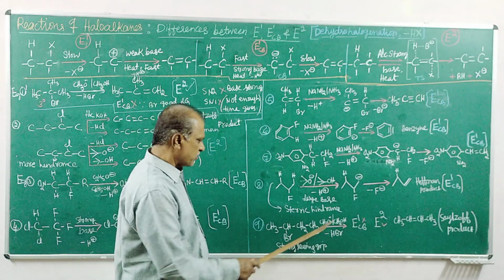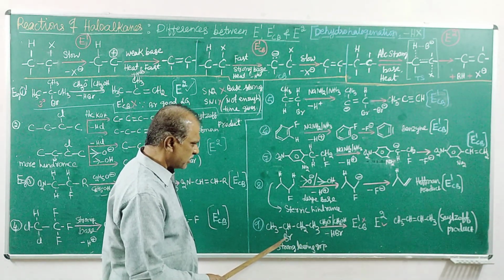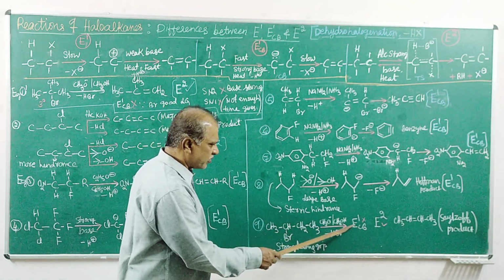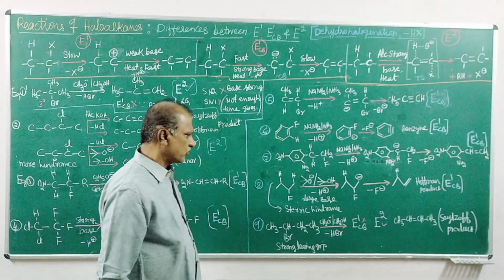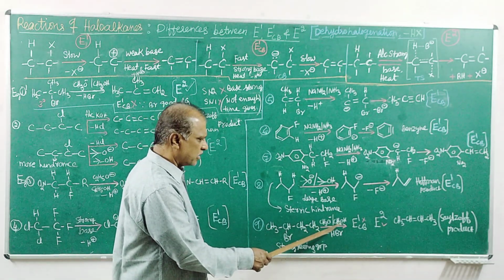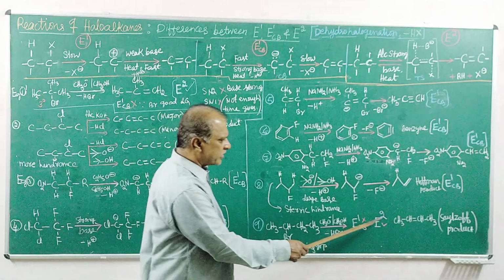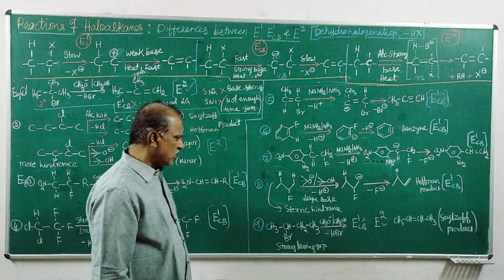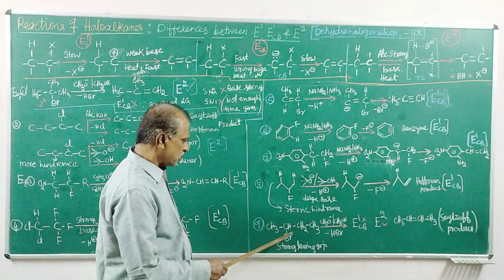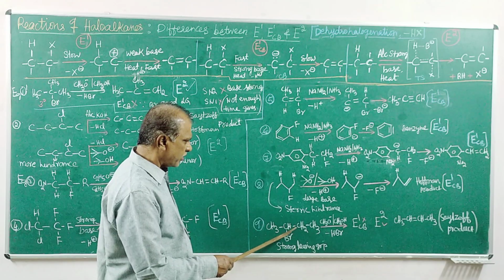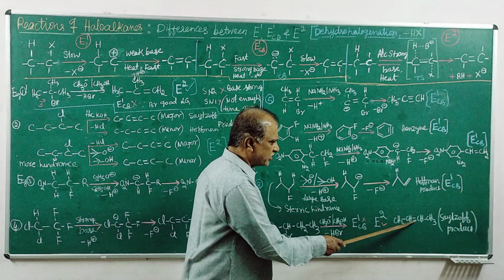And with this strong base, because of Br, you will never undergo this kind of mechanism, E1CB. Strong base in alcoholic ethanol can undergo only the E2 mechanism. The possible one is the E2 mechanism. That is, this hydrogen and this Br are removed, forming a double bond here, like this.